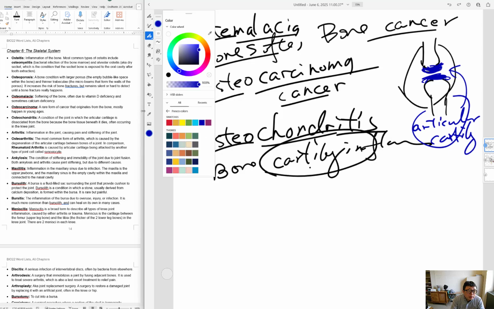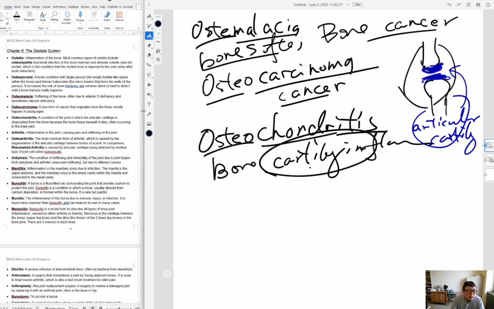We use itis to explain inflammation, but how the inflammation happens is caused by many different things. Okay, so let's continue with arthritis. This is very often used.